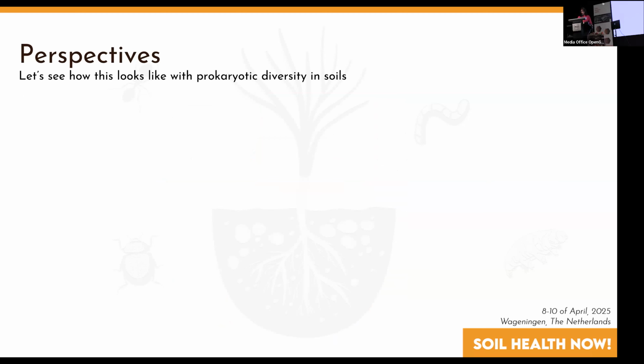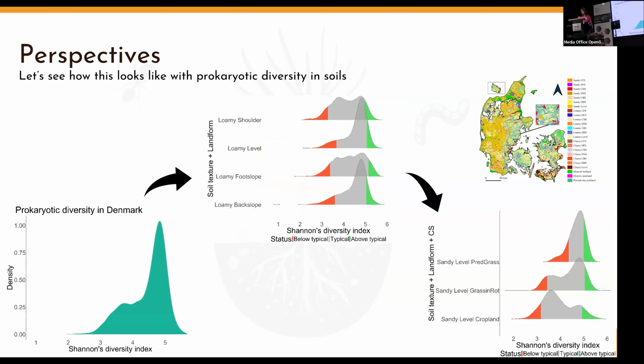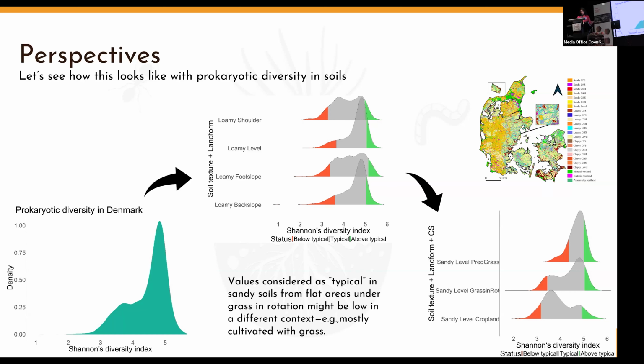Let's see how it looks for prokaryotic diversity in soils. We have, for example, this distribution for the whole of Denmark, and we have different distributions of this variable across different homogeneous zones according to previous exercises. But let's see, for example, the plot on the right.